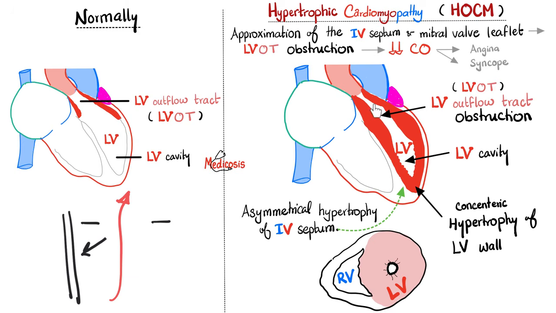However, the murmur of HOCM, because the obstruction is down here, will be heard on the left sternal border. So, in this patient, you can hear a systolic, harsh, crescendo, decrescendo murmur at the left sternal border, and the murmur of mitral regurg, which is a high-pitched pansystolic or holosystolic murmur best heard at the apex, and it radiates towards the axilla, which is your smelly armpit.